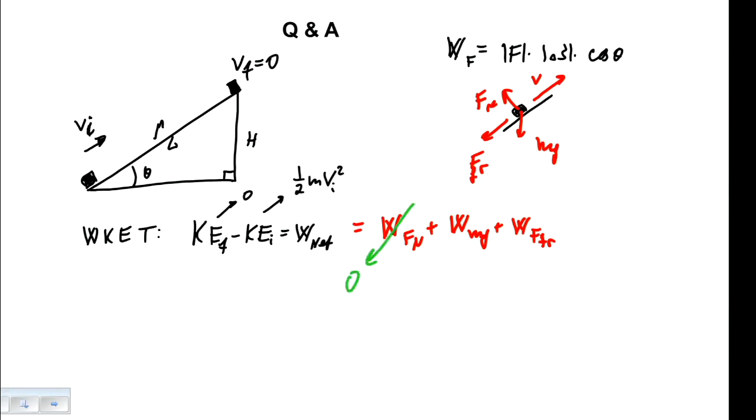The work done by force of gravity. We can use a definition, I calculate that work, but we also can use a given expression which has been derived for the work done by gravity: mg times initial height minus final height.